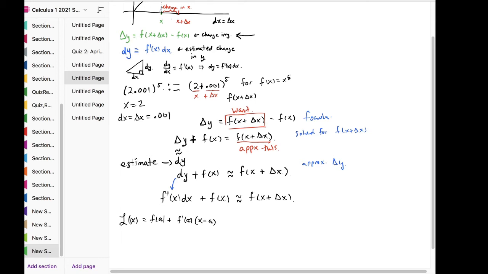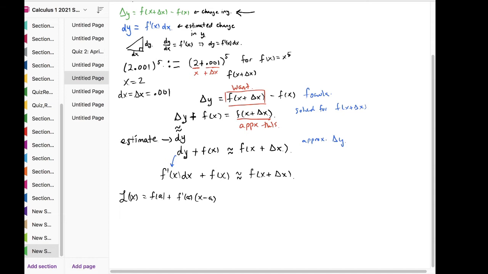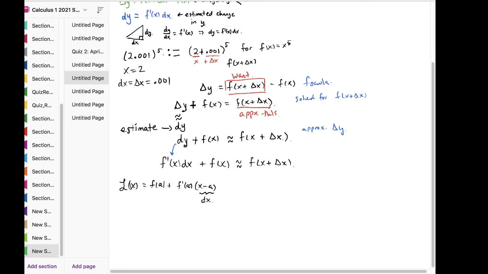This looks very close to that, right? And it's really the same. x minus a is dx. But it turns out calculation might actually be easier when we do this. Okay, so let's apply this to our situation here.